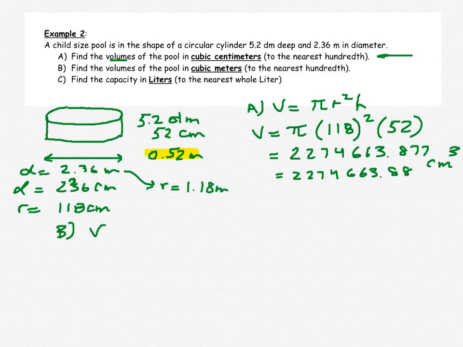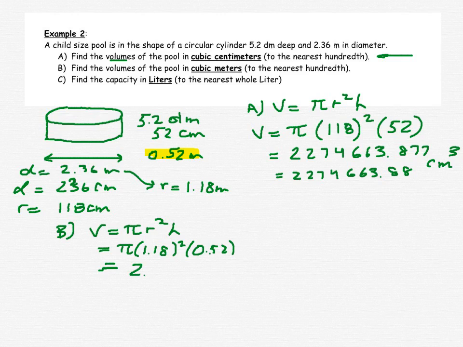Now the formula is the same: pi times the radius squared times the height. So pi multiplied by 1.18 squared times the height, 0.52. Now you need to do the work. So 1.18, square it, times pi, times 0.52.